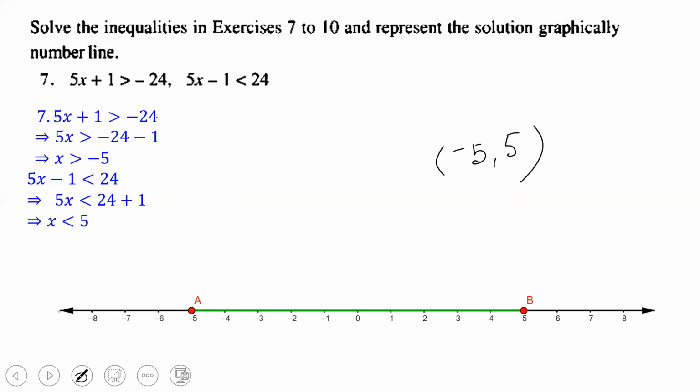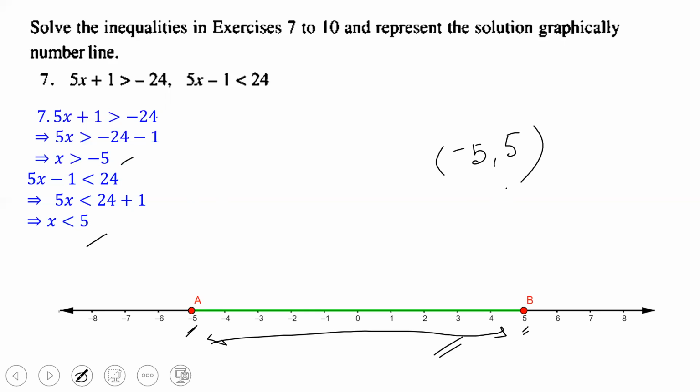Since greater than and less than is there, we will not take the points x equal to minus 5 and x equal to 5. So except these points, all these green lines, we will take all the elements present in this number line. This green portion will represent the solution.